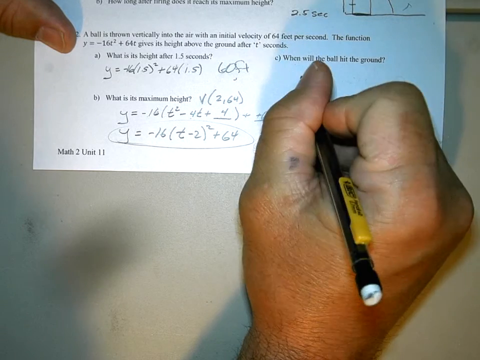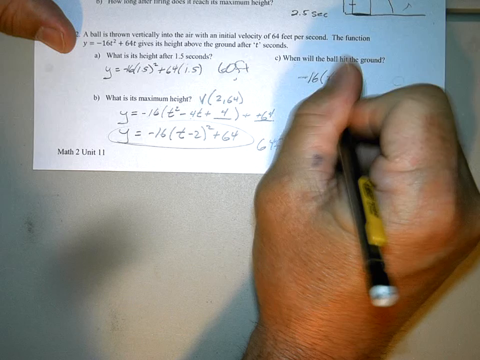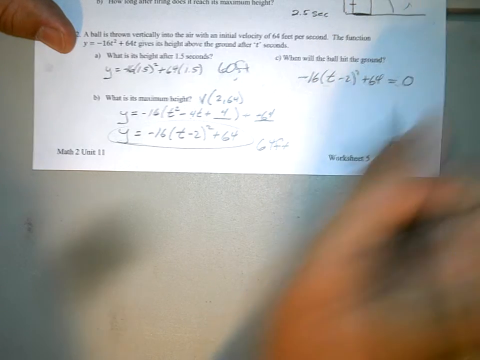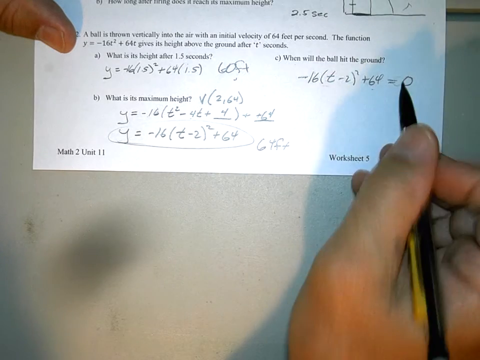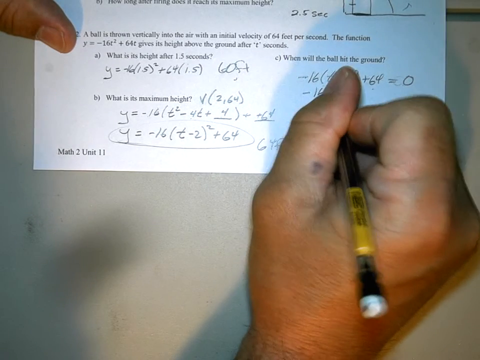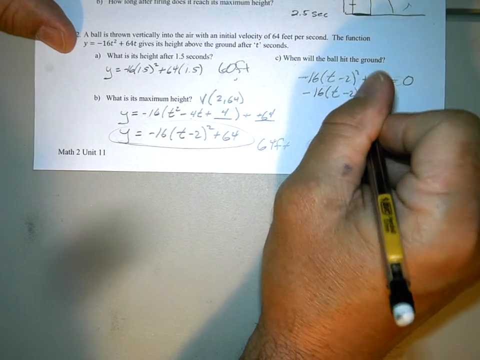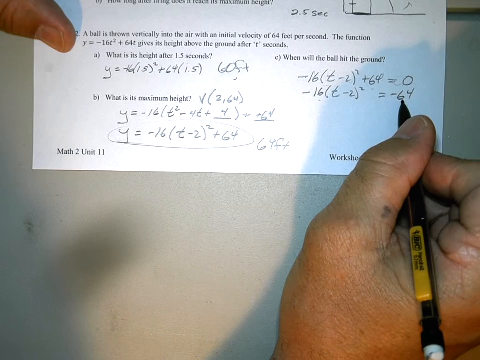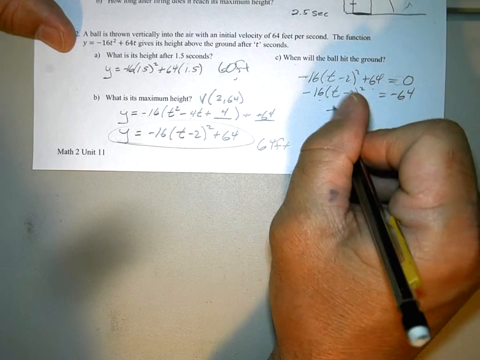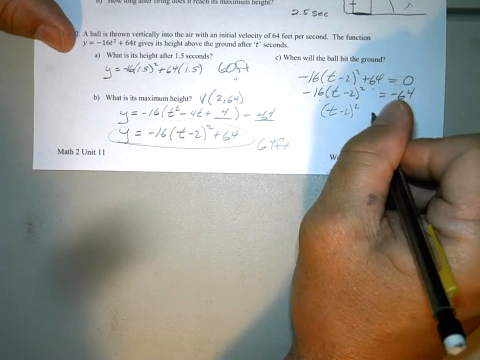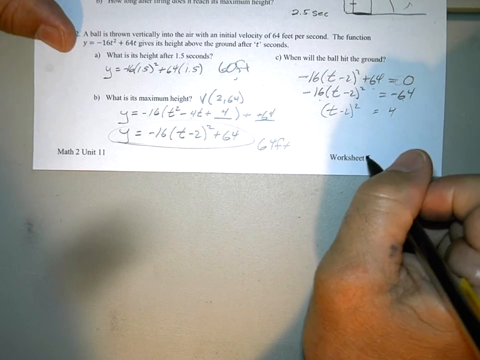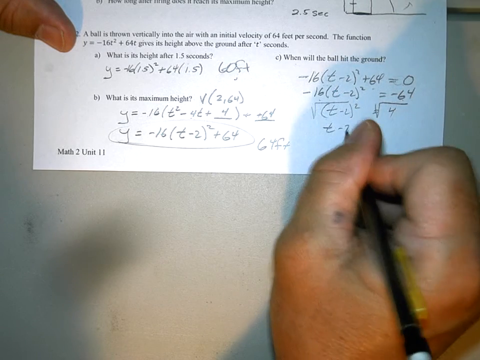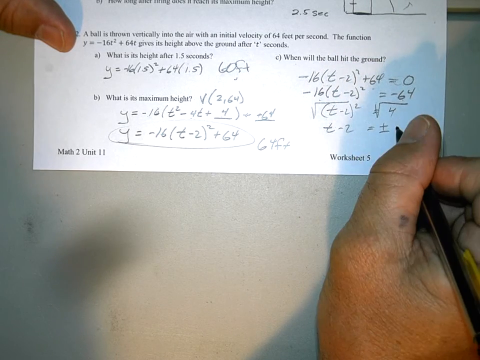All right, so let's take negative 16 times t minus 2 squared plus 64, and set that equal to 0. We'll subtract 64 from both sides. We get negative 16 times t minus 2 squared equals negative 64. We'll divide both sides by negative 16, and we get t minus 2 squared equals 4. We'll take the square root of both sides, and we get t minus 2 equals plus or minus 2.